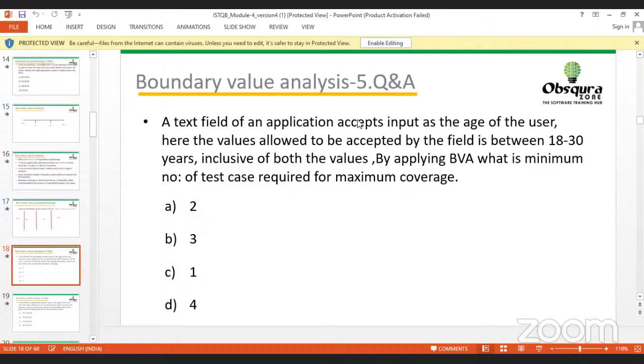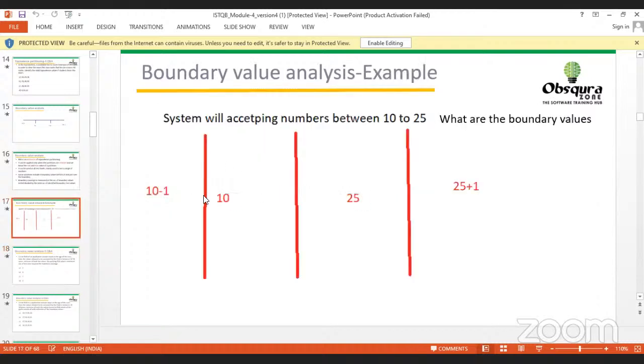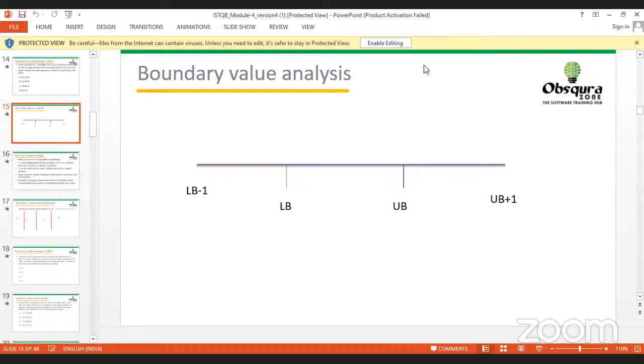Okay, you have a doubt about this, the boundary value. Okay, I'll explain boundary value once more. In boundary value analysis, we consider the lower bound, upper bound, lower bound minus 1 and upper bound plus 1.